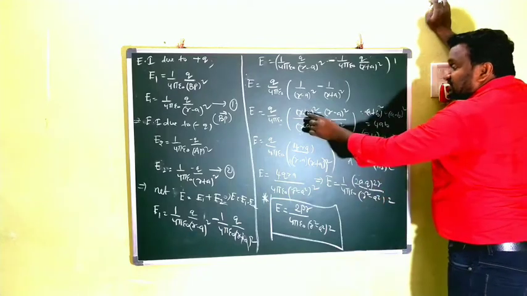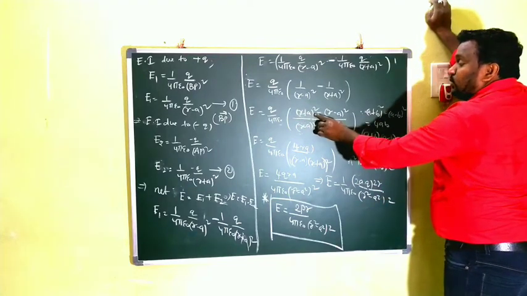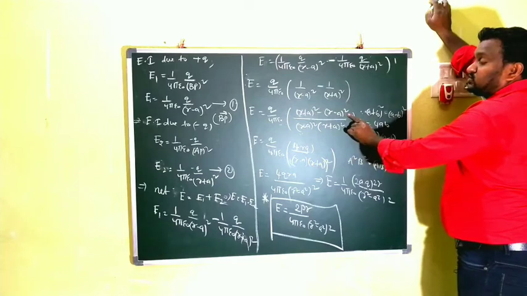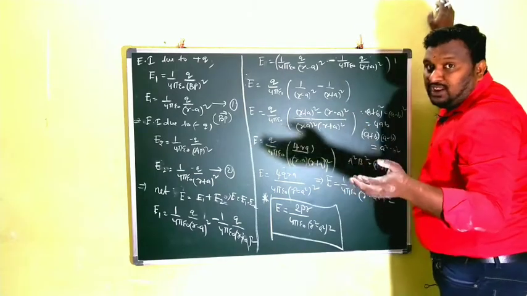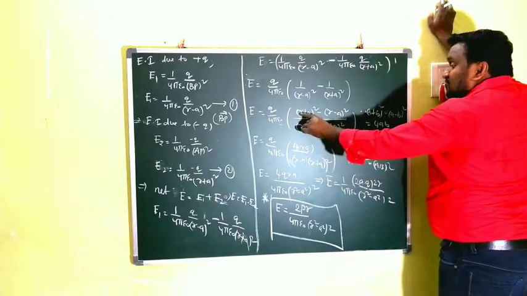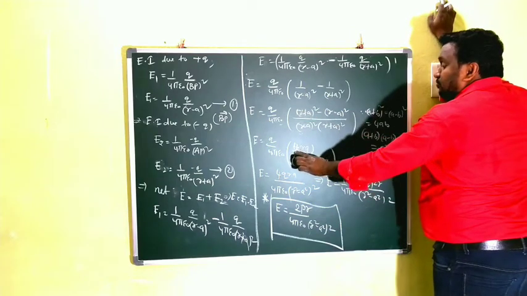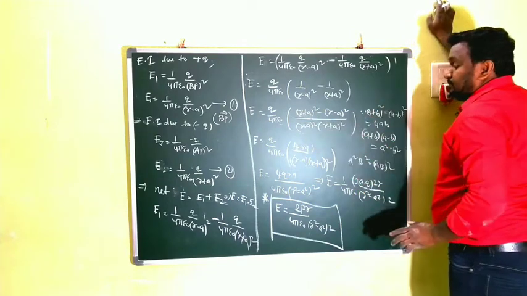So after that, this term is like (a plus b) whole square minus (a minus b) whole square. That is equal to, formula what? 4ab. That's why I am writing here 4ra, same thing.